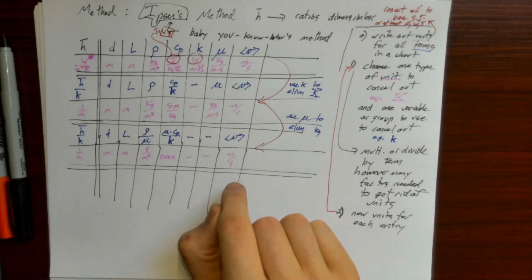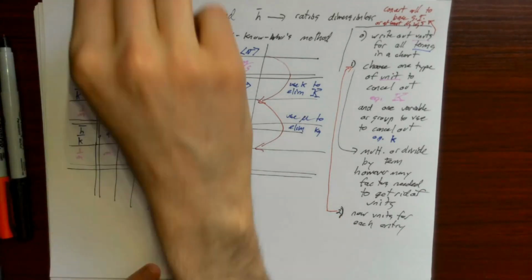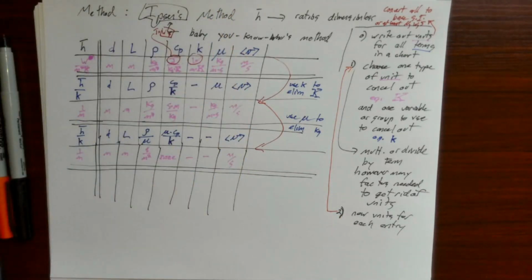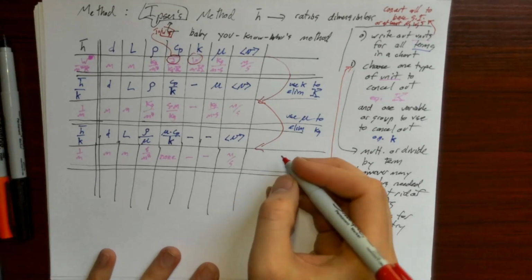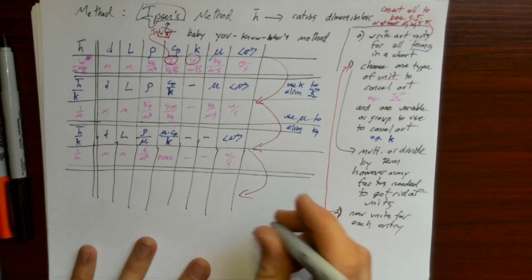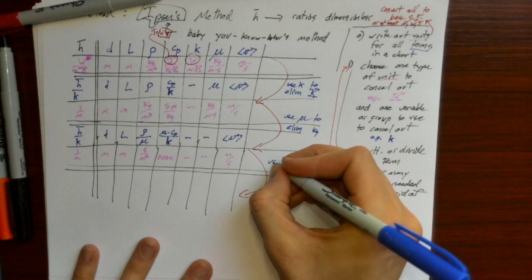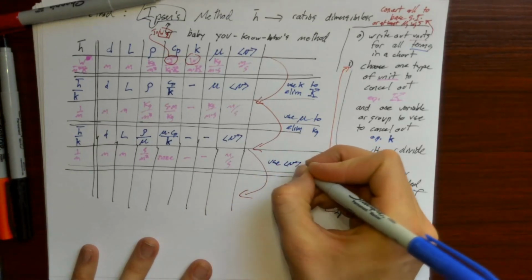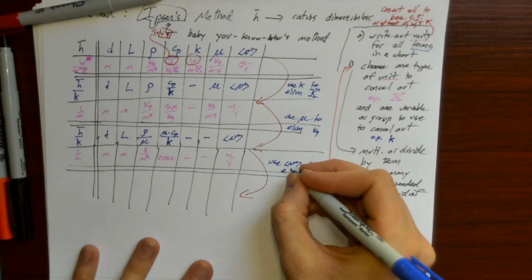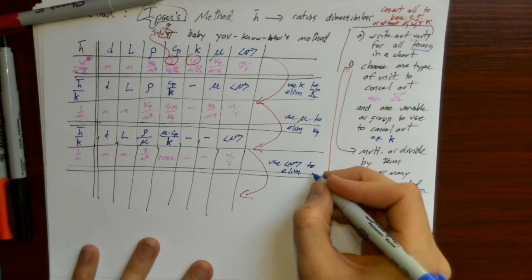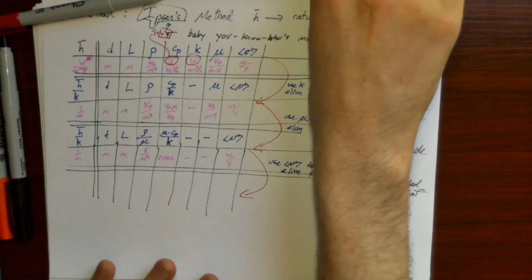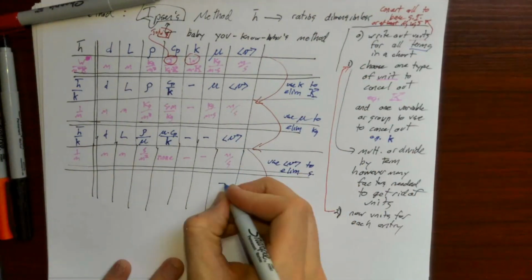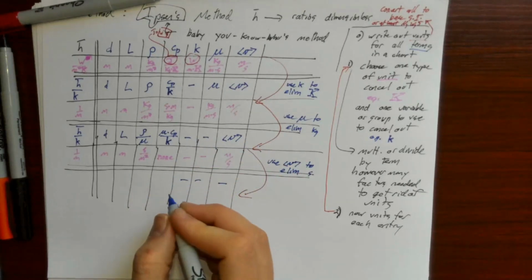So what can we do? Well, we need to choose a new type of unit to cancel. I'm going to use average velocity to eliminate seconds. So velocity is what I'm using. I've already eliminated these two things.